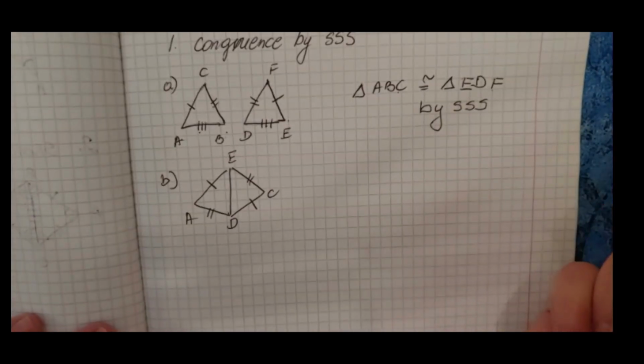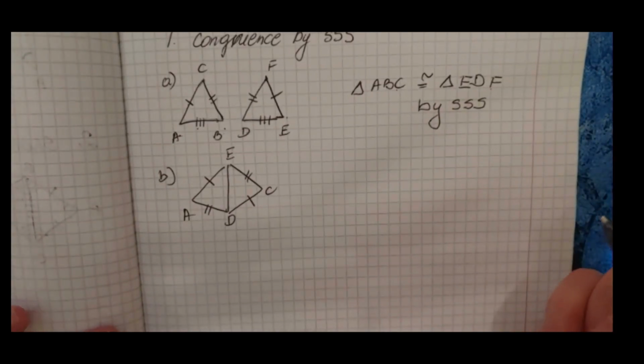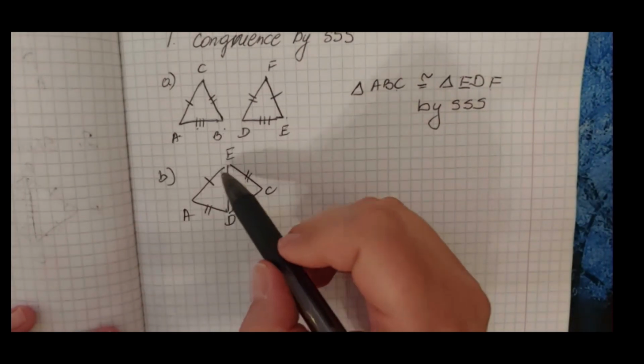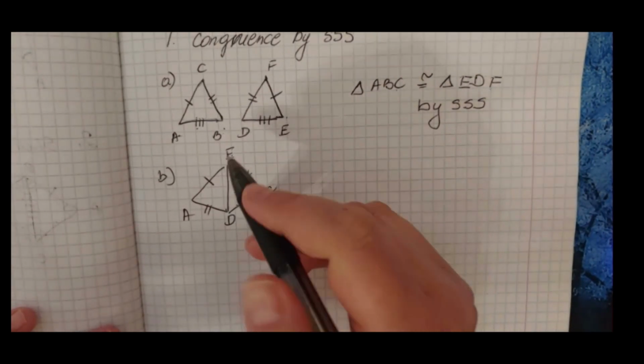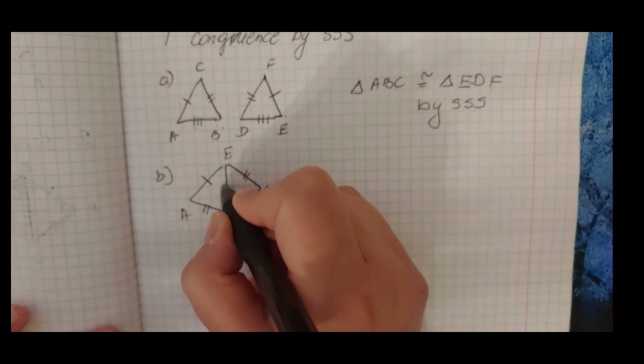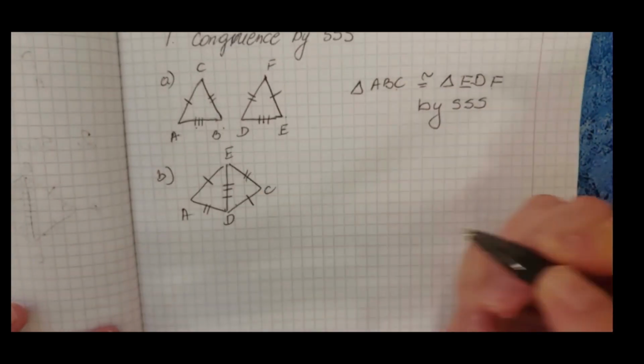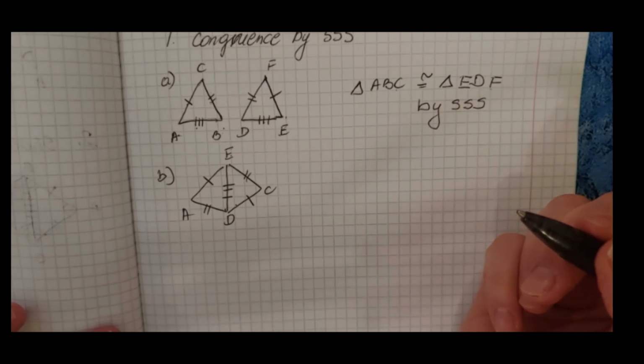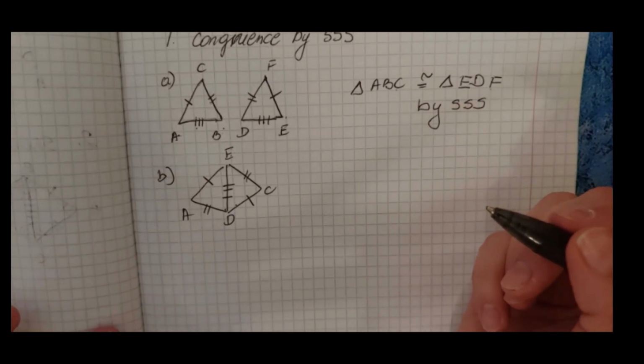Suppose I have 3 sides and I'm missing one, but because they share side ED, I can automatically mark it for myself. The side ED is congruent to itself because it's the same side, kind of like when you share your wall with the neighbor. It's basically the same measure, right?